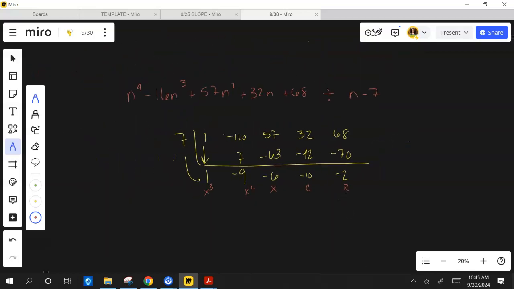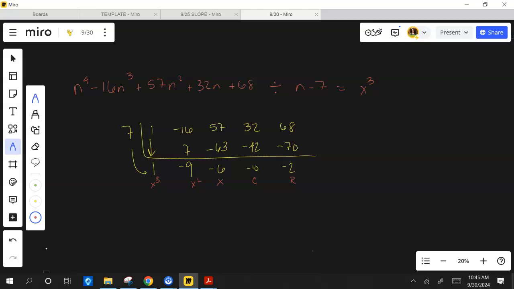So when you divide these two things, you get x to the third, say it with me, minus 9x squared minus 6x. So you can do plus negative 2 over, or you can do minus 2 over. It doesn't matter.